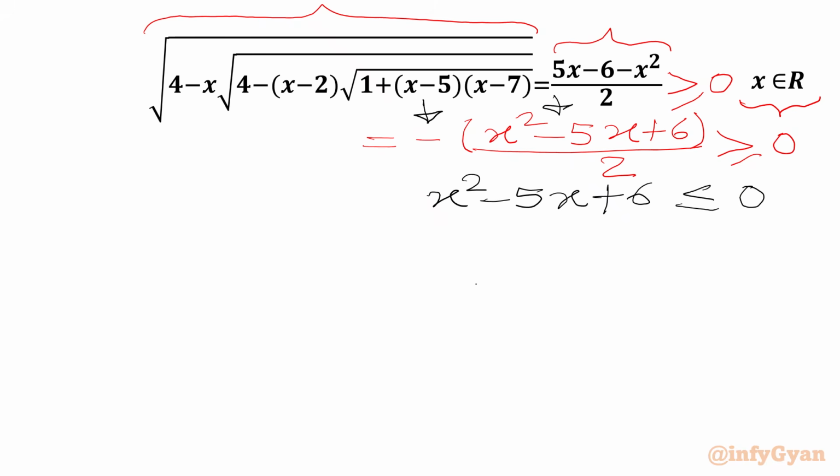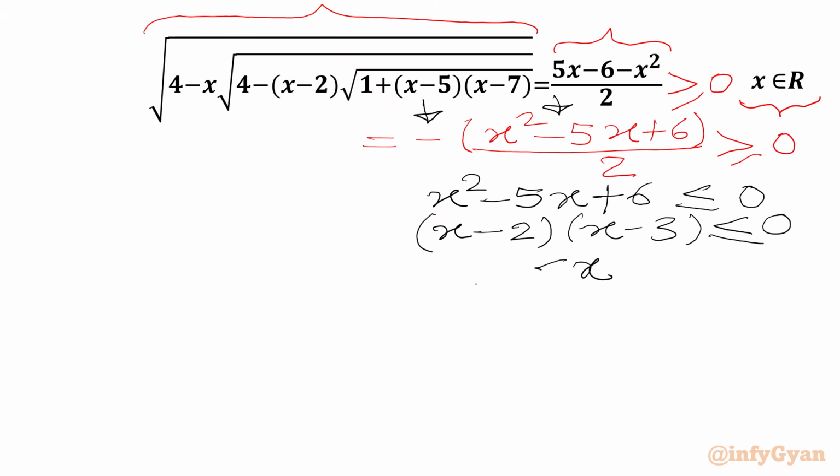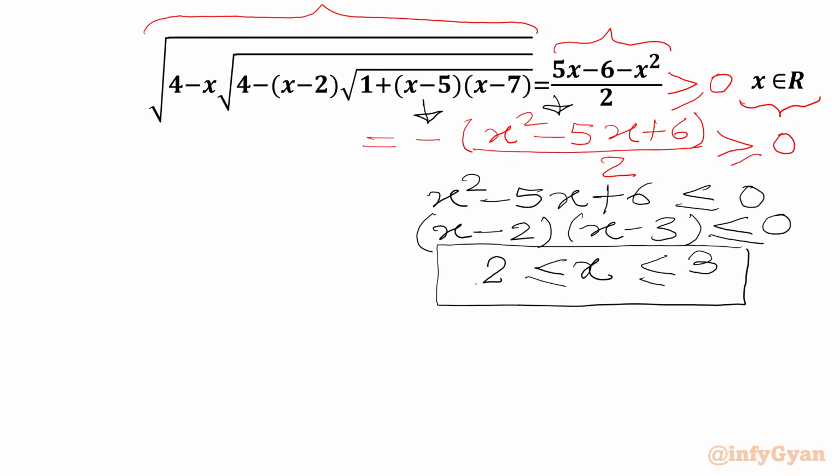If this bracket is negative, then minus times minus becomes plus. Now we can factor x square minus 5x plus 6 as (x minus 2) times (x minus 3). This product should be less than or equal to 0. So from this inequality, x should be in the interval 2 to 3. Once x is in this interval 2 to 3, we will get real solutions. Otherwise, we will get complex solutions.